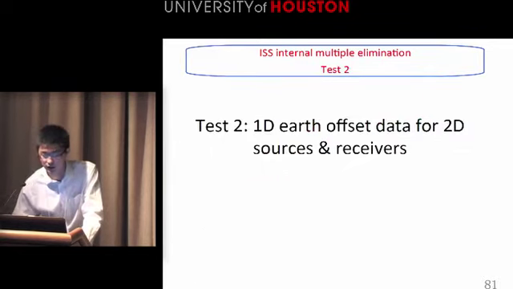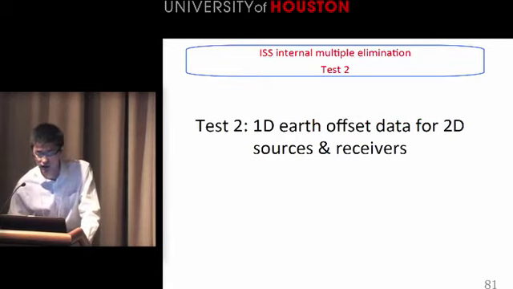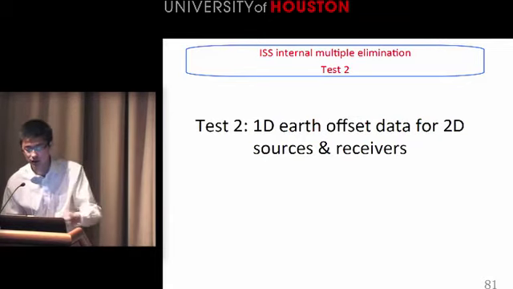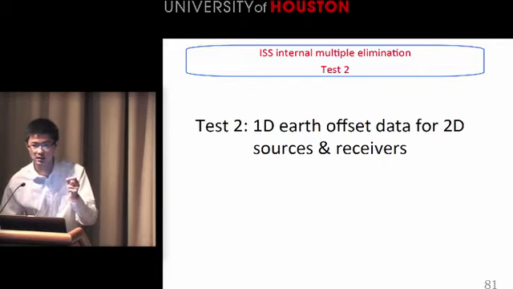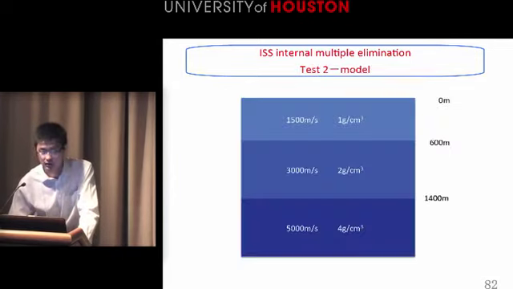Then for the second test, I will show a 1D Earth offset data test for a 2D source and receivers, because we consider a 2D world, and in a 2D world, a point source in the real world is a line source and line receivers. Here's the model I use.